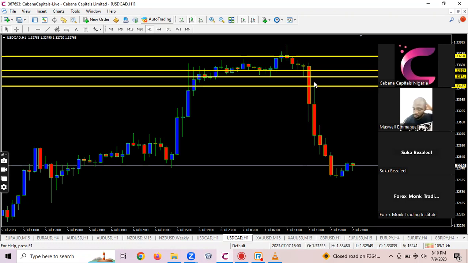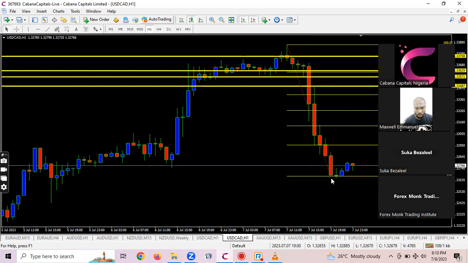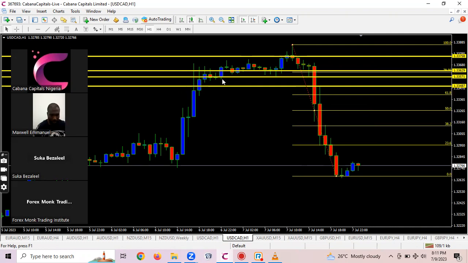For those who don't know how to identify fair value gaps, you can just apply your, what's it called? Fibonacci. Take it from the swing high to swing low. So price should pull back into a premium zone or premium level for us to sell USD CAD.